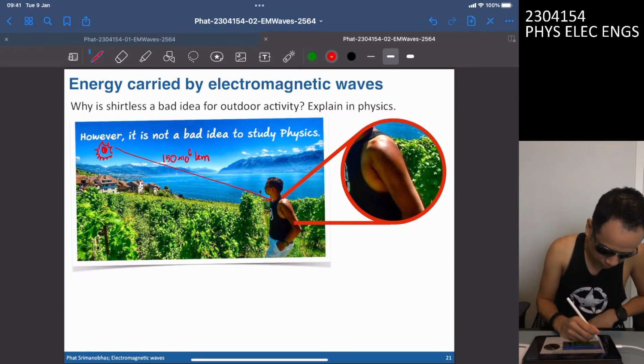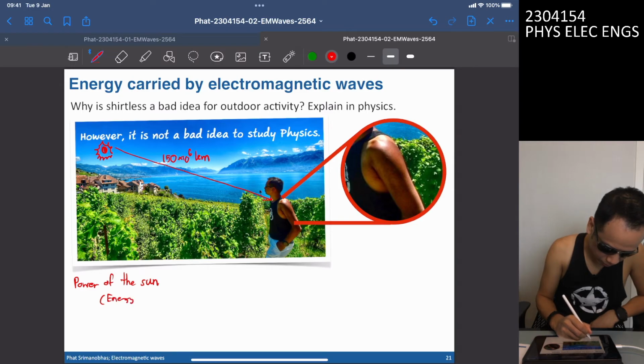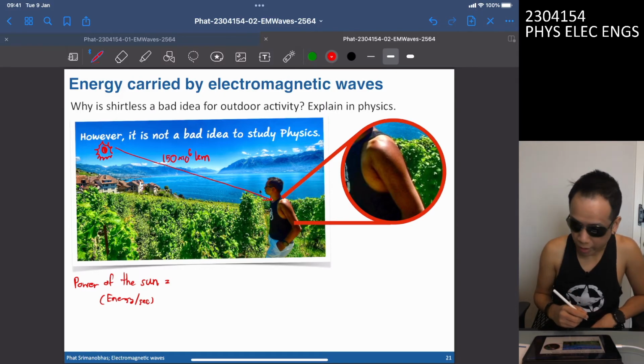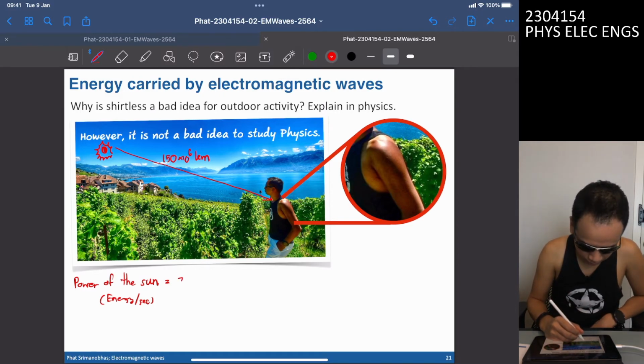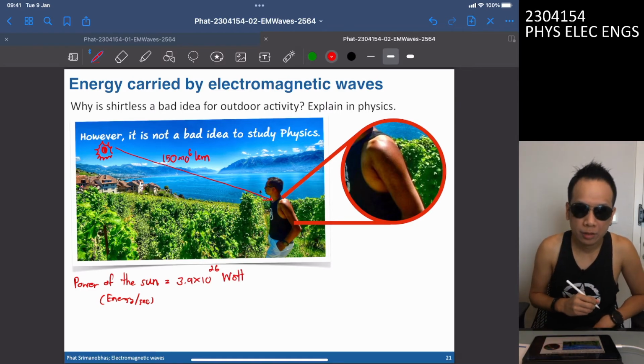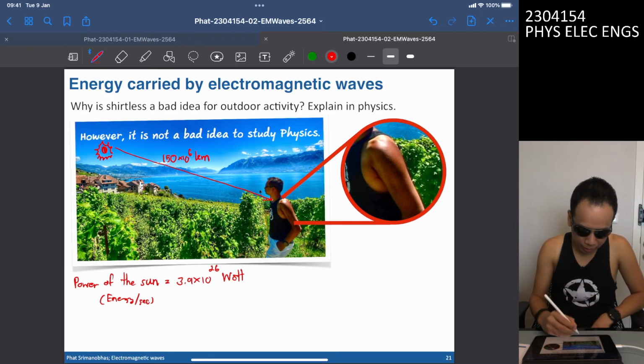So the power of the sun, the energy per second, you can look it up on the internet. It's 3.9 times 10 to the 26 watts.